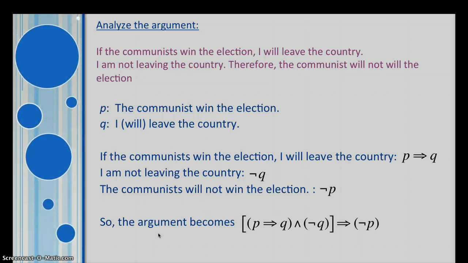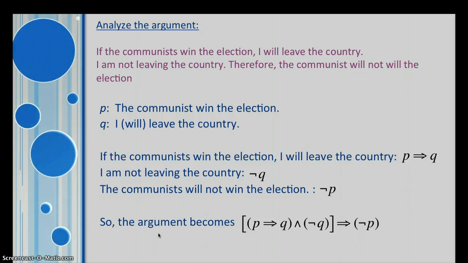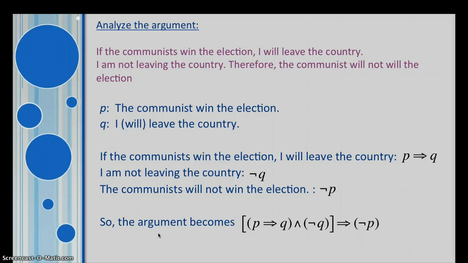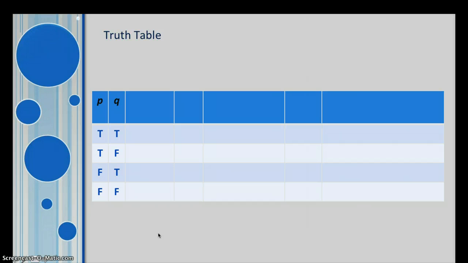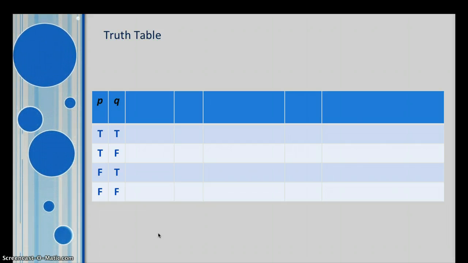The next one, we will have the truth table. So if you're writing down notes, copy all this so you can take a look at the sentences or the statements as we go over the truth table. So we'll have the truth table here because we are still analyzing the argument.